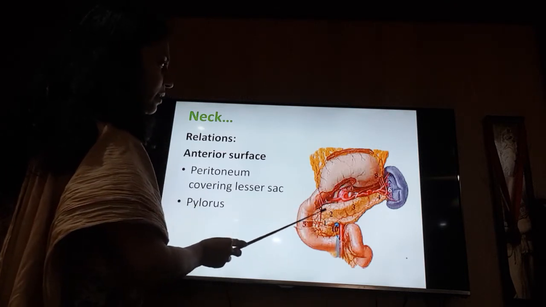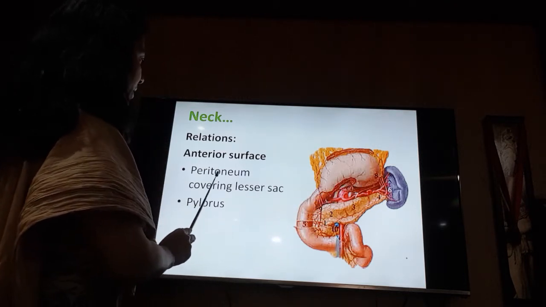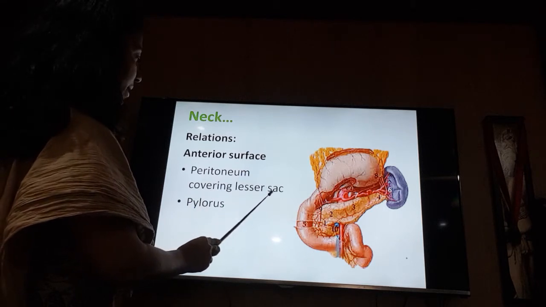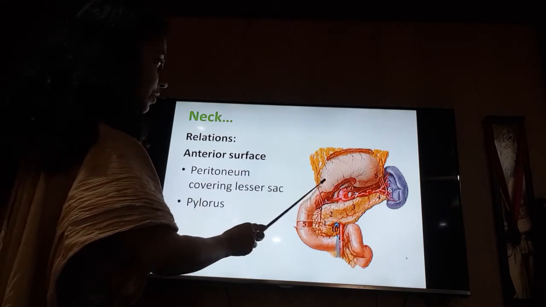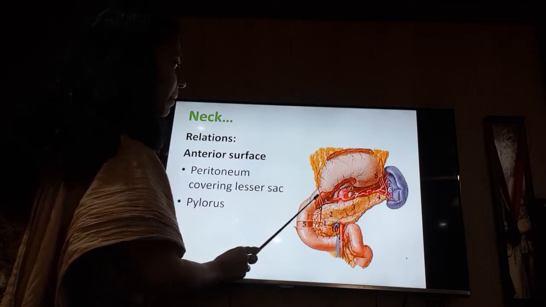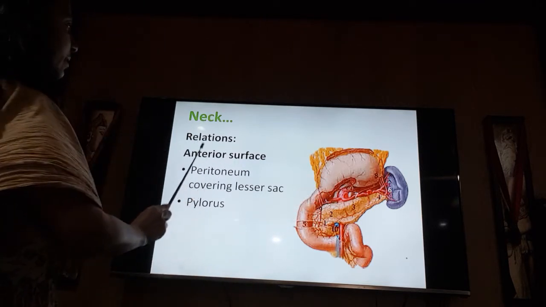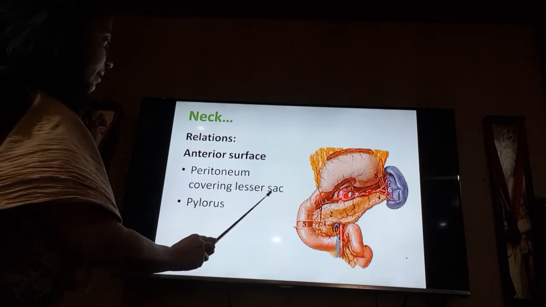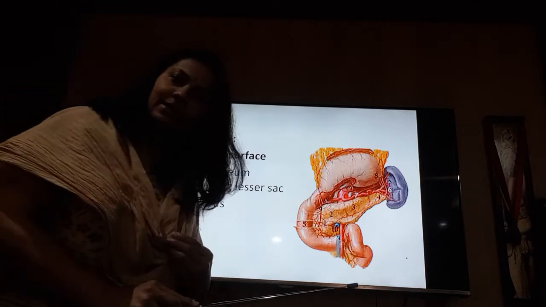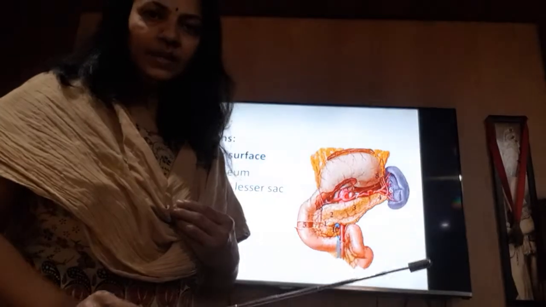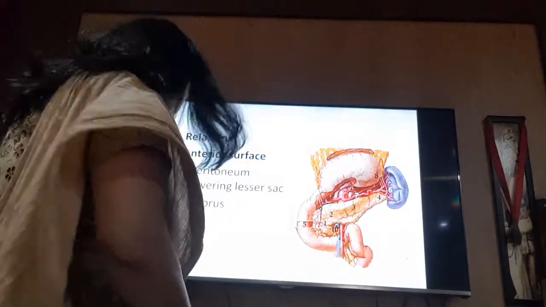What is this portion? The pylorus. So the anterior relation of the neck is peritoneum covering the lesser sac, and the pylorus. Is it clear?